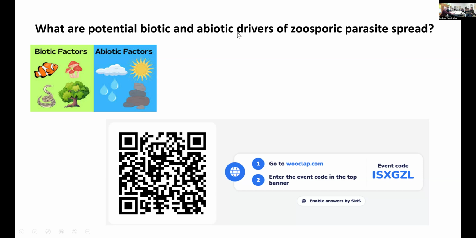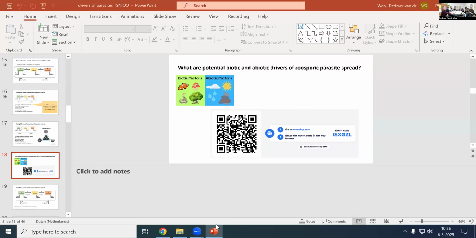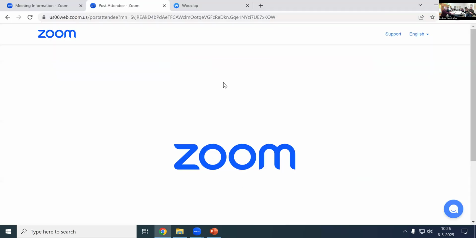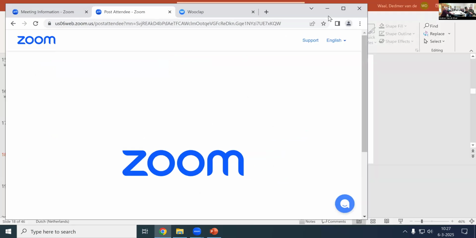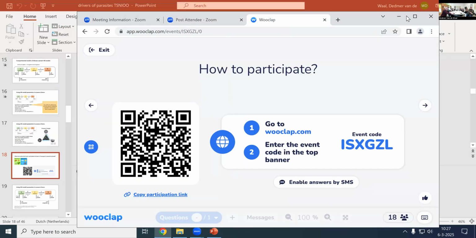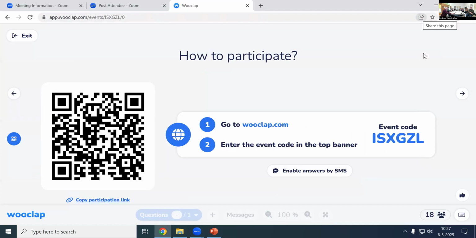I don't want to stop sharing, but I want to get out of the full screen mode. No, go away. Yes, we can work with that. Most likely we can work with that. Let's see. Okay, it looks like everybody's in already.